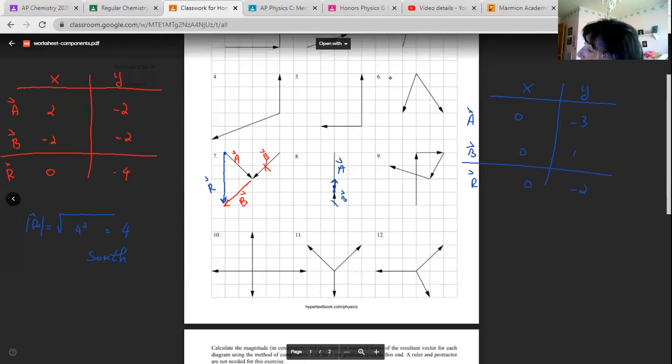So the resultant at the end is going to be from 0 to the end of my traveling, which is this one. And it has a magnitude, obviously, of 2 because it's 2 squared, square rooted. So it's 2, and the angle is going to be straight south.